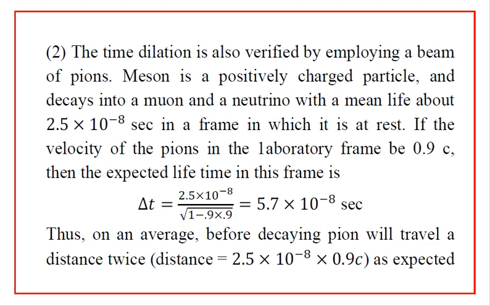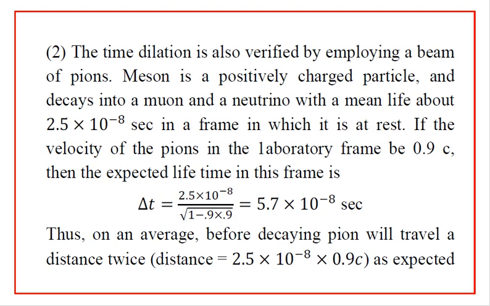These pions are traveling in the laboratory at about 0.9 times the speed of light. So in the laboratory frame, the expected lifetime of pion is Δt equal to Δt0 divided by the square root of 1 minus v squared by c squared. So we will get about 5.7 × 10^-8 seconds. So the average lifetime in the laboratory frame is almost double the lifetime in the proper frame. So relativistically, pions can travel twice the distance in the lab frame than in their proper frame.